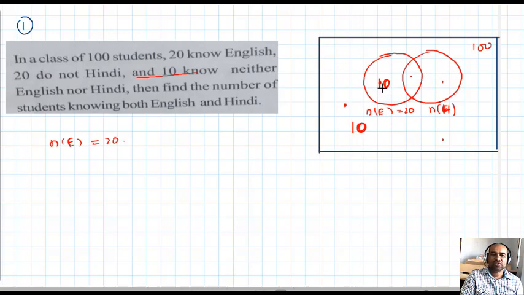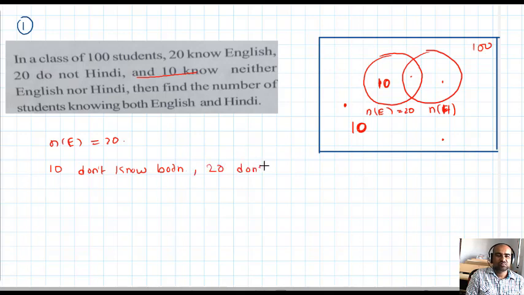What is the meaning of this? 10 know only English. Total English is 20, no? Here 10 know only English. I will write that. 10 don't know both, both meaning both the languages, and 20 don't know Hindi.